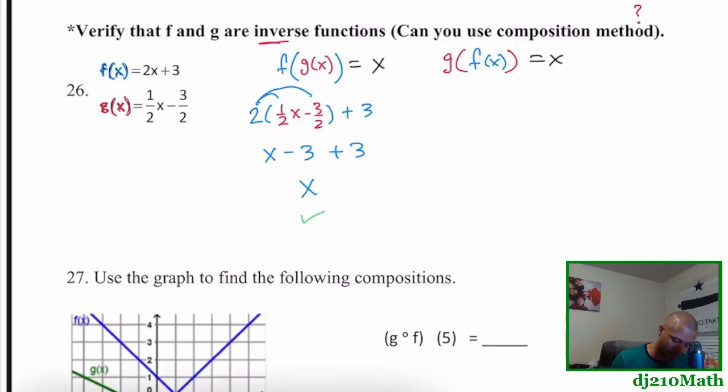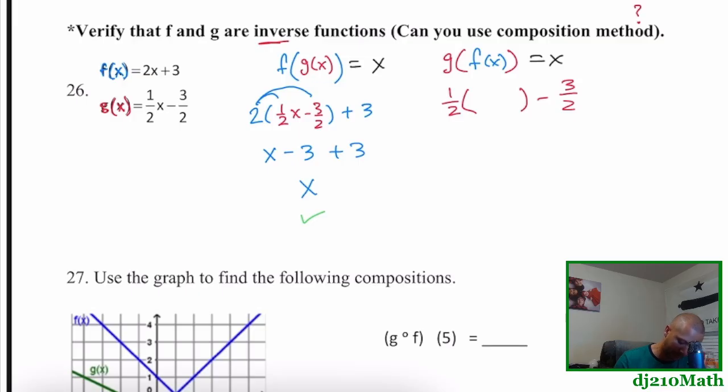All right, let's try it the other way. So I want g, which is 1/2 x minus 3/2. That's what g of x is. So I'm going to substitute f of x into x.